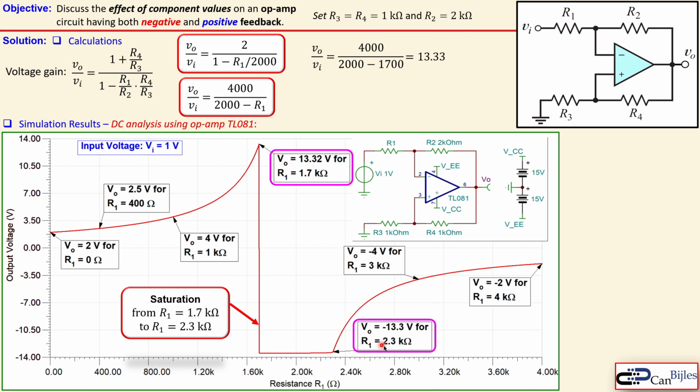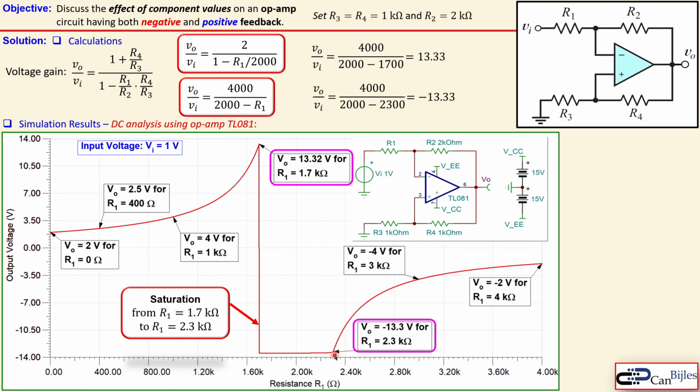Because if you look at the value 2.3 kilo ohms, and again substitute that in this formula, using this 2300, you get here minus 13.33 volts, or the gain actually. Now this is also the maximum voltage we can get. Again, we use the input voltage as 1 volt. That's why we have also at the output minus 13.33, which is the maximum negative value we can get.